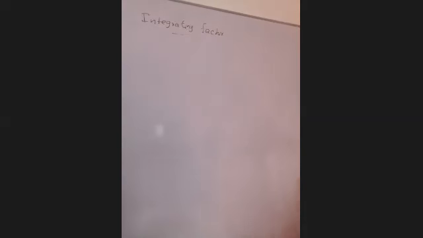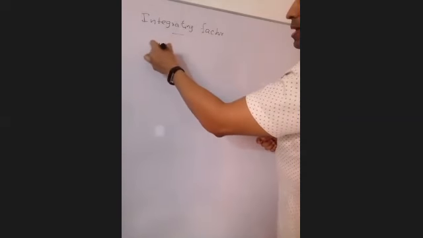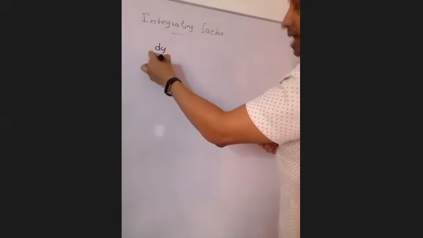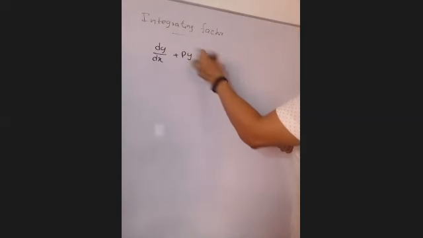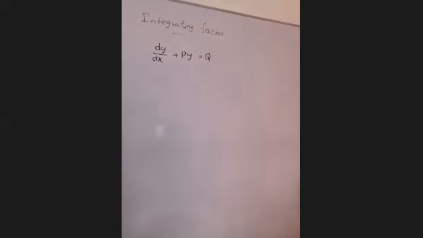Integrating factor means, if you happen to find a question like this, dy by dx plus p y is equal to q, where p and q are functions, right? If it is so, what we need to do is define an integrating factor like this.